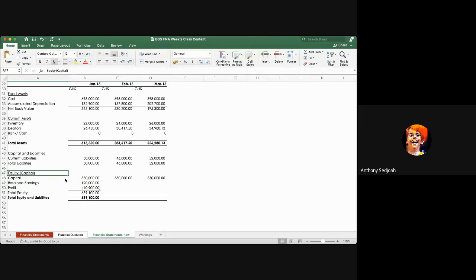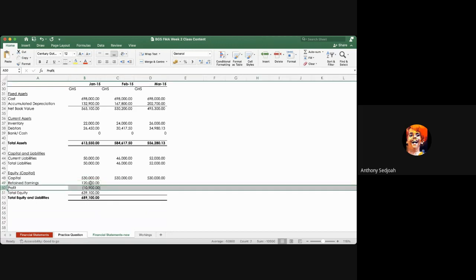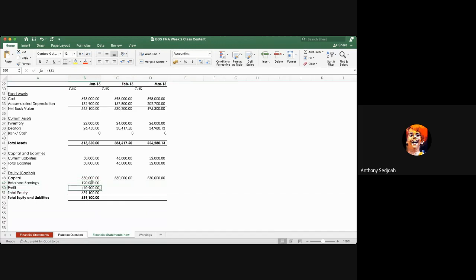And so in January, the retained earnings was 120,000. So it means from the previous months or the previous years, they've accumulated profits up to 120,000. But in the current year, they made a loss. So that loss is going to affect the retained earnings, true or false? True, sir.